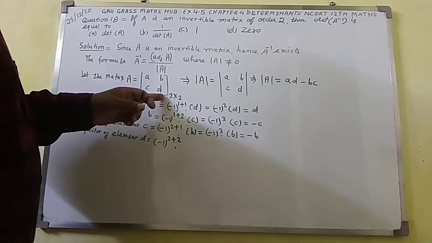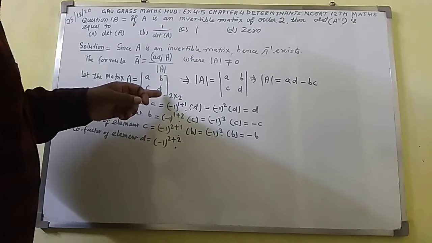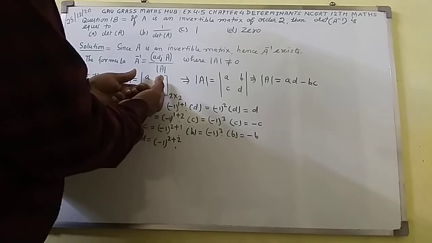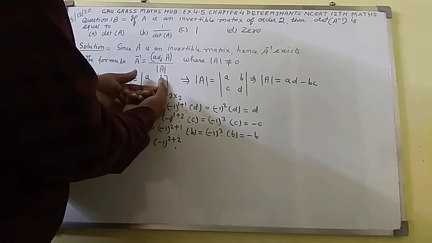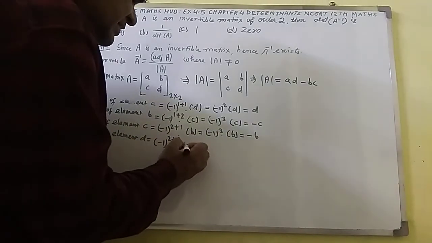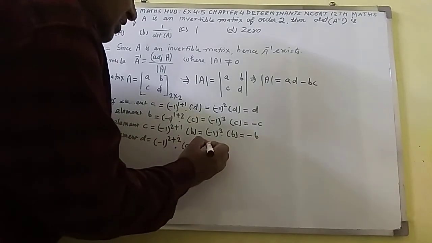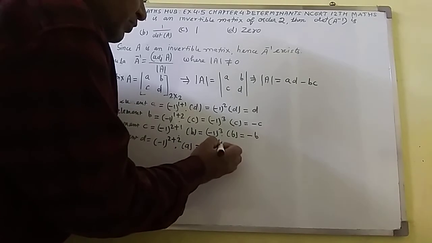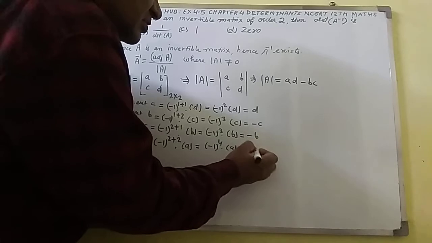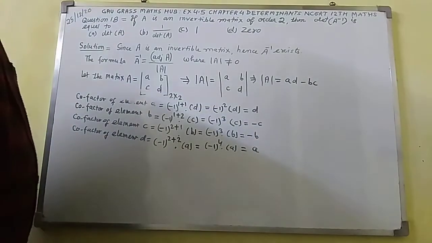Get the minor of element D. D is there in second row and second column. Second row and second column will be hidden. We will get the minor of D as A. So here write A. So we will get here minus 1 raised to the power 4 dot A comes out to here only A.